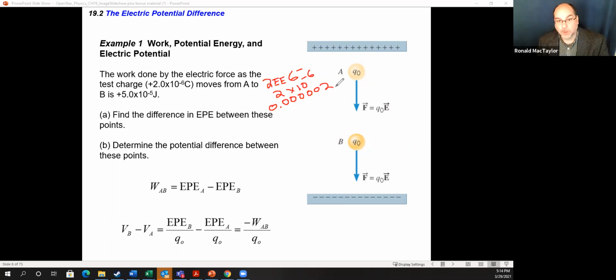Do try to follow along if I do worked out examples in class, or when you do the homework and there's the homework videos. Just make sure you can plug the numbers into your calculator and you get the same answer that I do. Then you'll know that your calculator is set and working correctly.